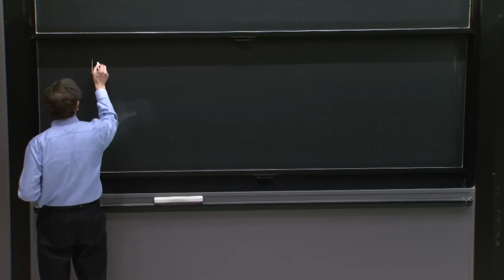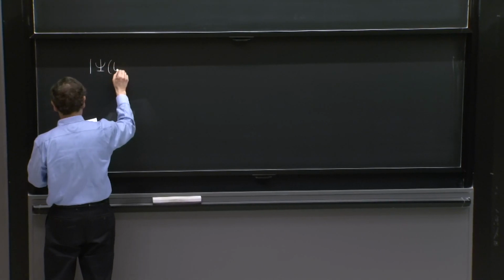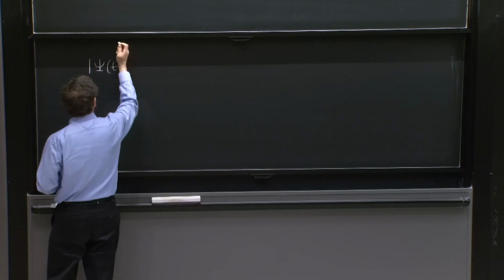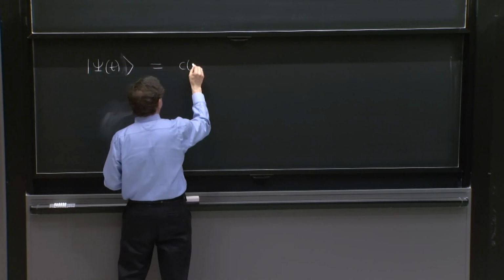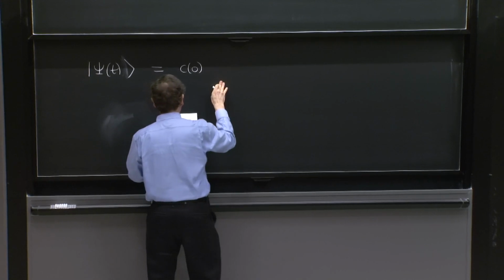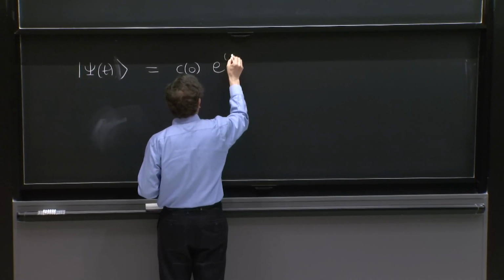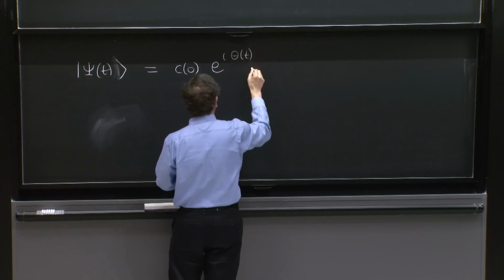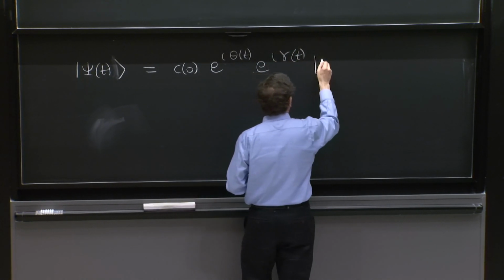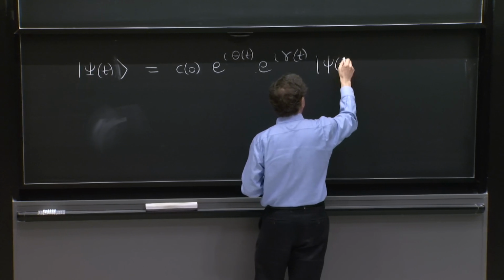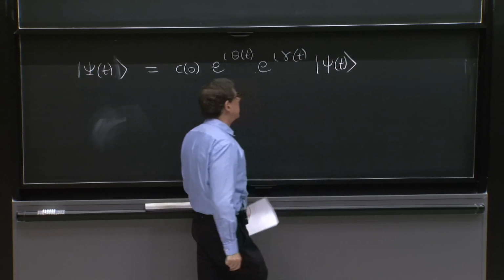So we showed that the wave function psi of t could be written as a constant, e to the i theta of t, e to the i gamma of t, times this wave function.